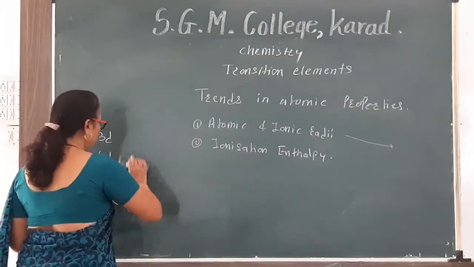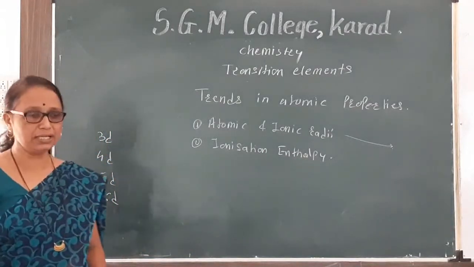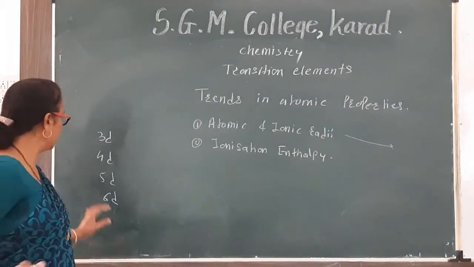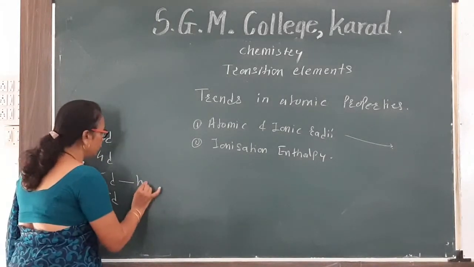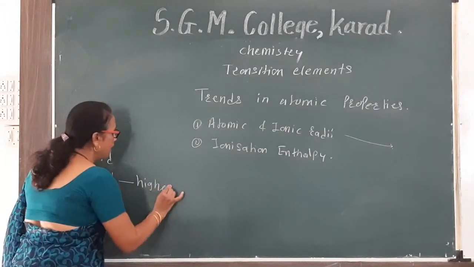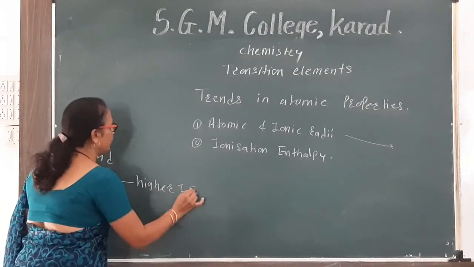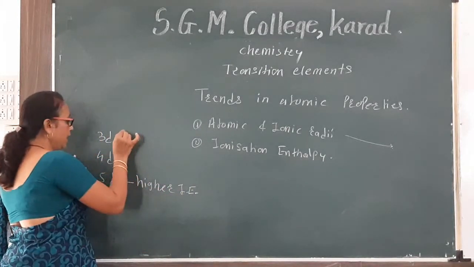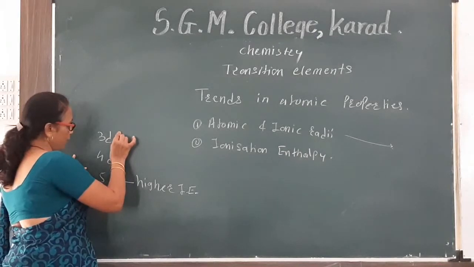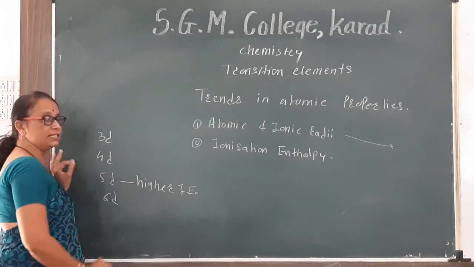But in the actual case, in transition elements, the 5d series, that is the third series, has higher ionization enthalpy than the 3d and 4d series, that is the first and second series.